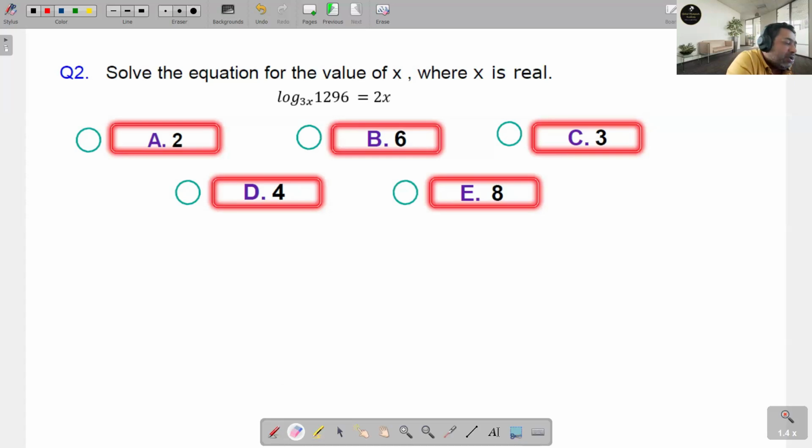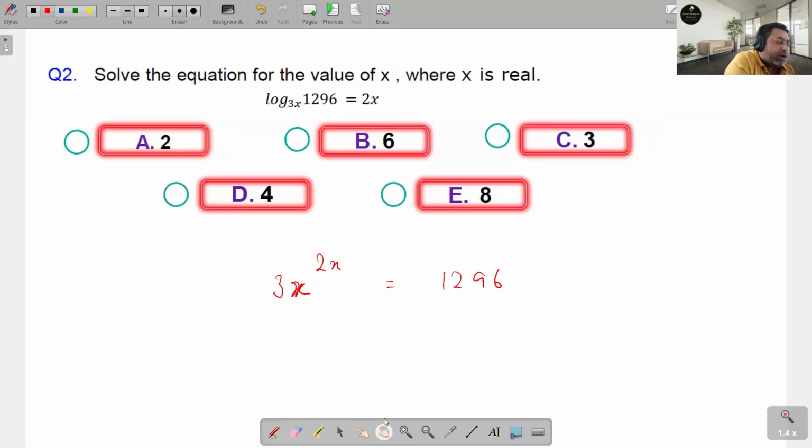So in this case, what we'll get is that 3x, the base, raised to the power 2x is equal to 1296. All right. We'll first do a prime factorization of 1296 just to understand what this number is.